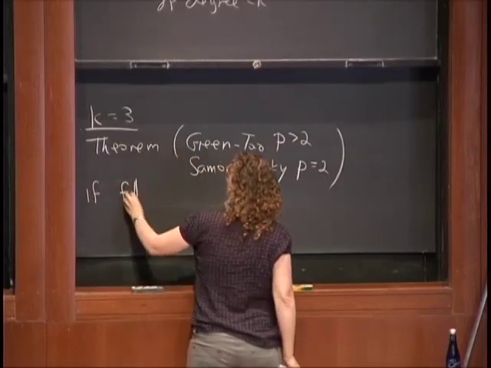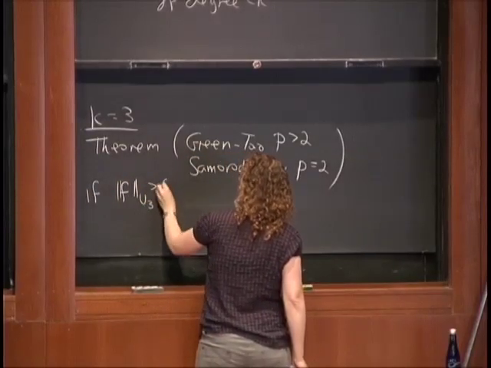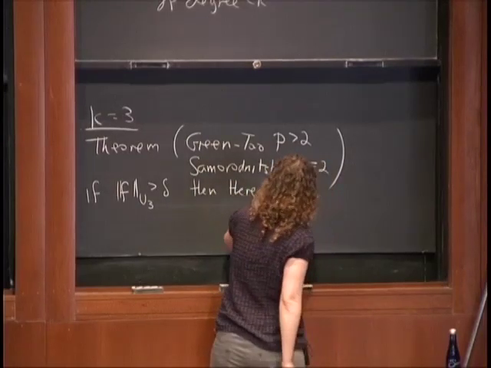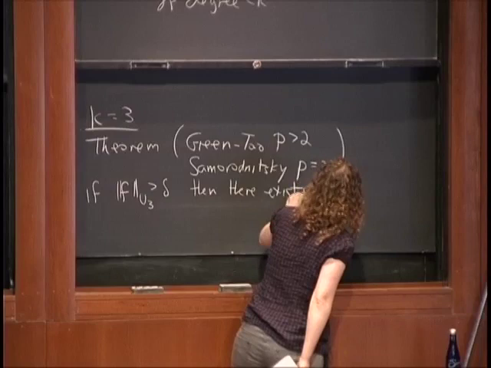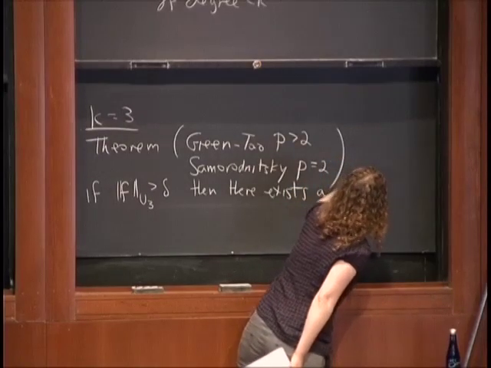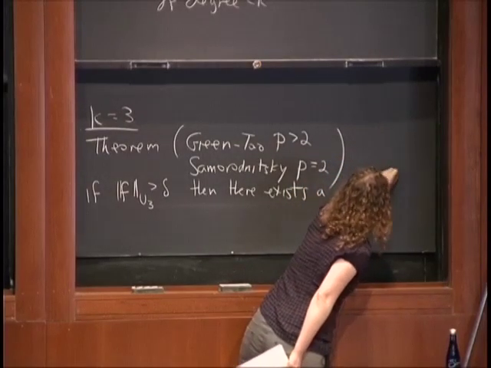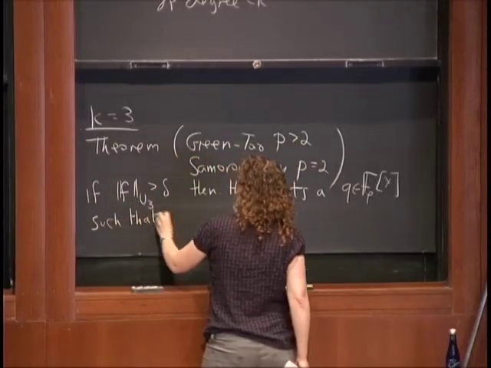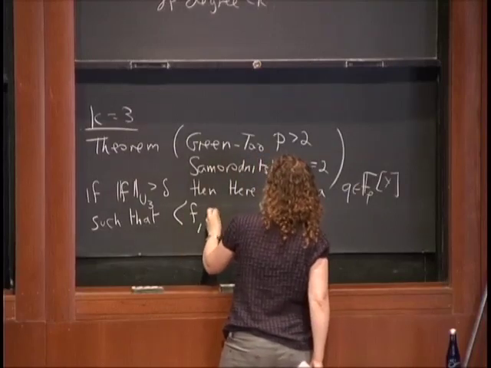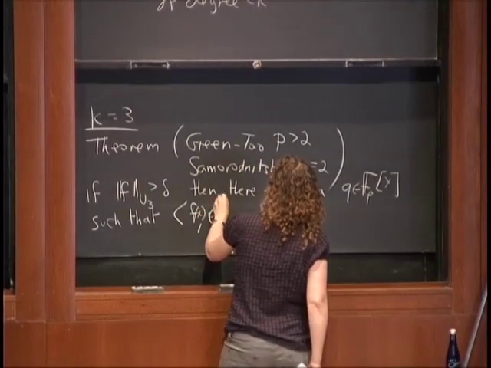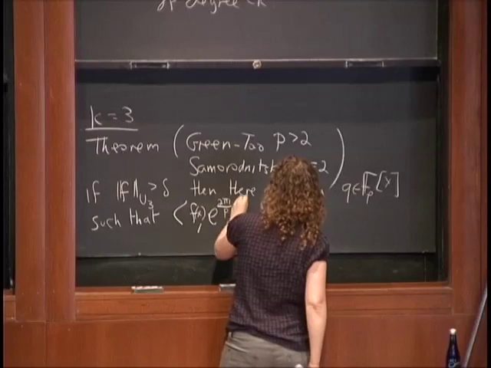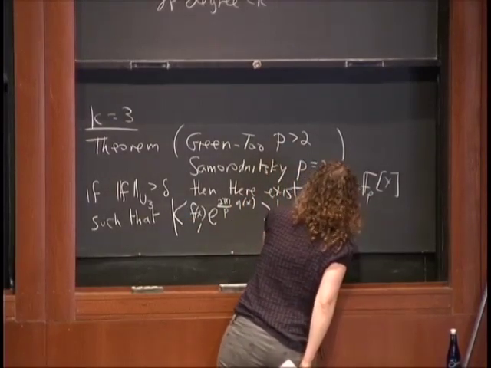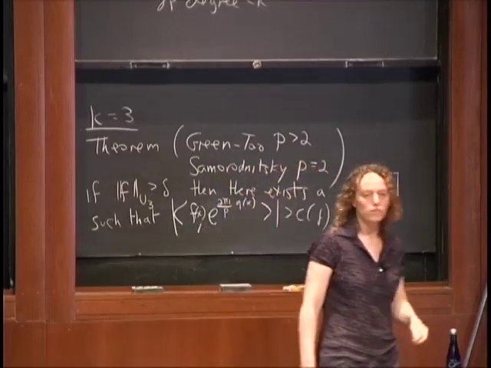If the U3 norm of f is greater than delta, then there exists a polynomial q in F_p[x] such that f correlates with e^(2 pi i over p q(x)). Okay, this is actually more quantitative, but let's just write it as a constant depending on delta.